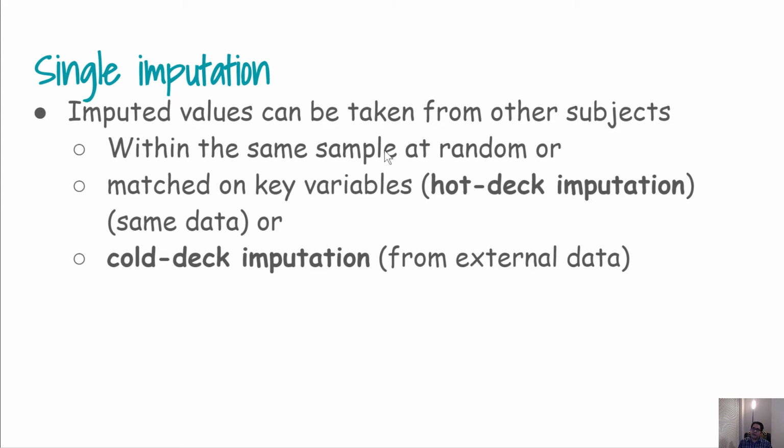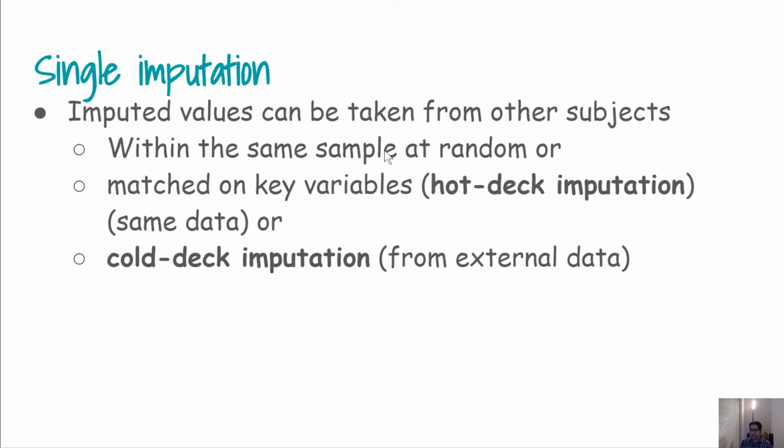Or the other criteria could be that we try to match on key variables, say, for example, their income category, their cholesterol level, maybe their BMI, whether they are married or not. So we match on a couple of key variables, and then we have a pool of subjects who fit into that particular category.